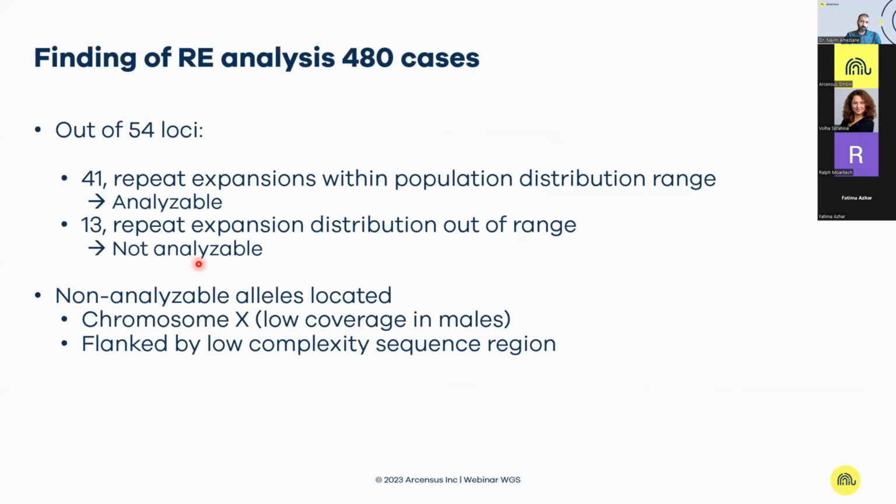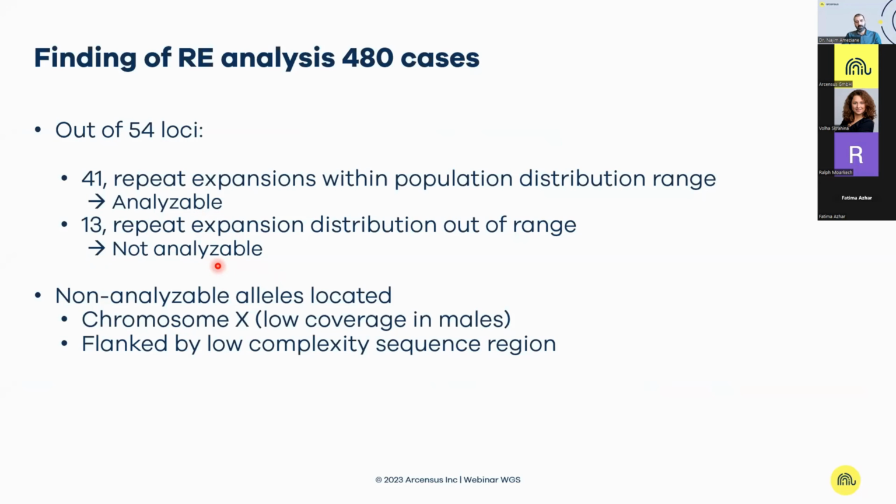So what can cause these non-analyzable alleles? Most of the time, these non-analyzable loci, as we are calling them, either affect the X chromosome, and the X chromosome, as you know, in male cases has lower coverage. So the lower coverage may explain why they are not so well analyzable.